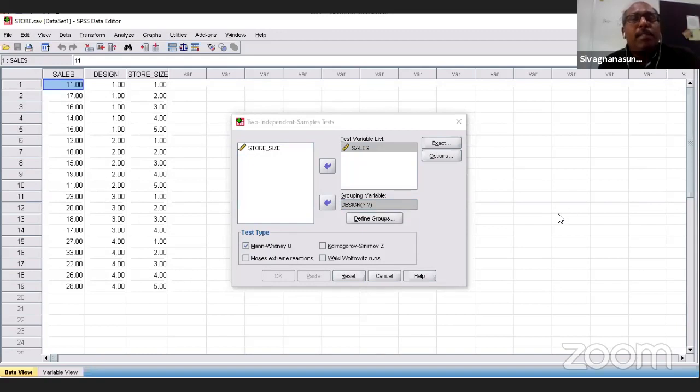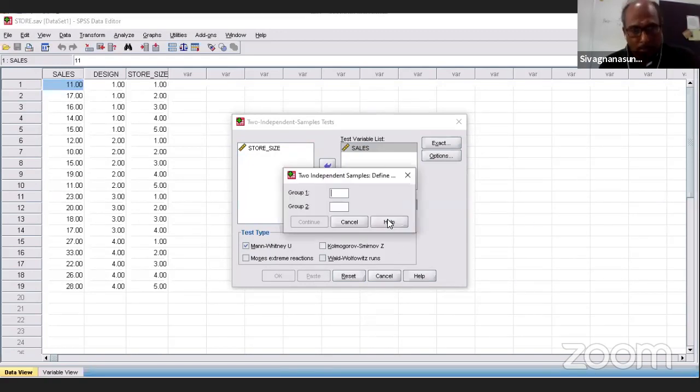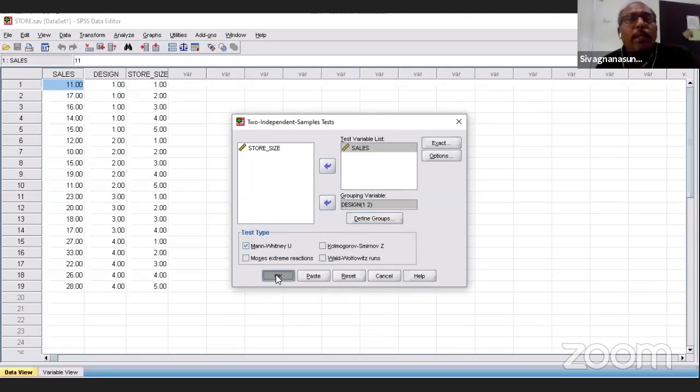My grouping variable is design. Then I have to define my group. So group 1 is 1, group 2 is 2. I can compare any two groups, between 1 and 2 or 2 and 3 or 3 and 4, but at any point of time, I can compare only two groups. Click continue, click OK.